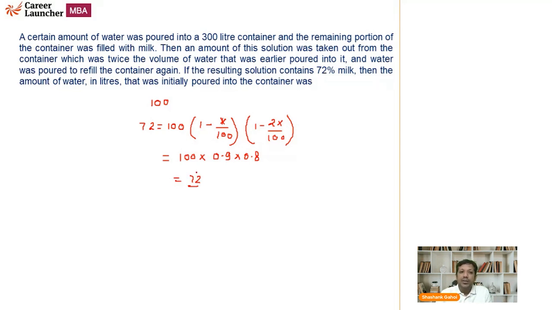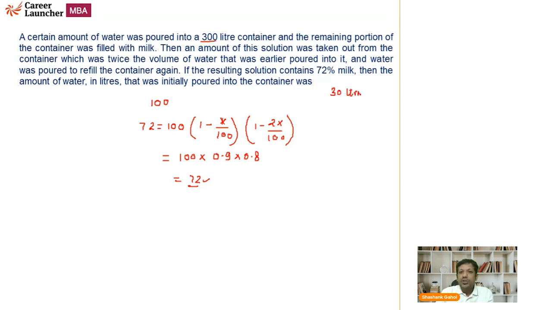In the second exchange, how much solution have I taken out? That is 20 liters of solution. And the final amount of milk is going to be 72. So if I talk about the initial arrangement, how much water is going to be there? That is 10% of total, and the total quantity is 300. So what is the quantity I'm talking about? 10% of 300 is going to be 30 liters.